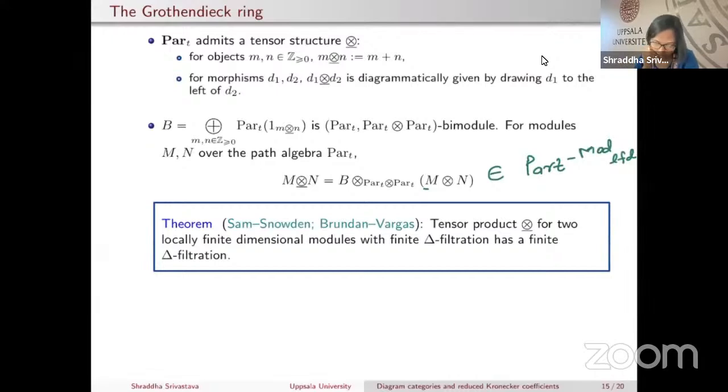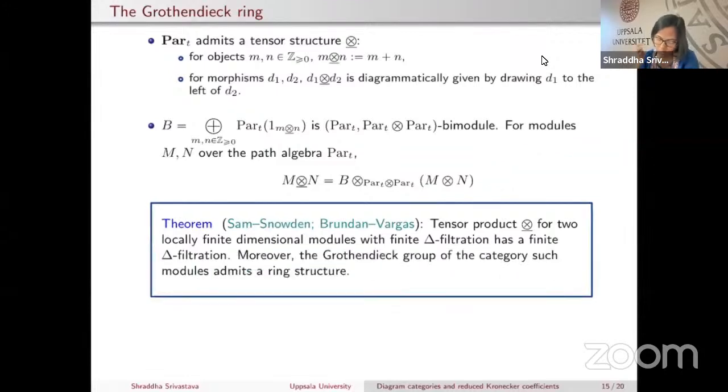And the next result, of Sam and Snowden and also Brandon and Vargas, which is not at all an easy statement, the proof requires a couple of pages, is that if we take two locally finite dimensional modules which have a filtration by the standard modules, then their tensor product also has a filtration by the standard modules. So in particular, the Grothendieck group of the category of locally finite dimensional modules with a finite delta filtration has the structure of a ring.